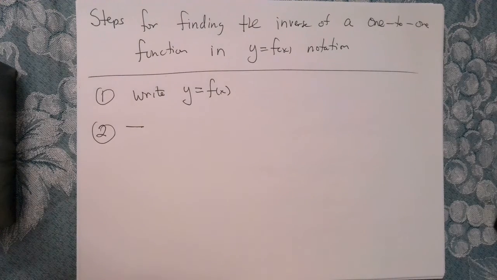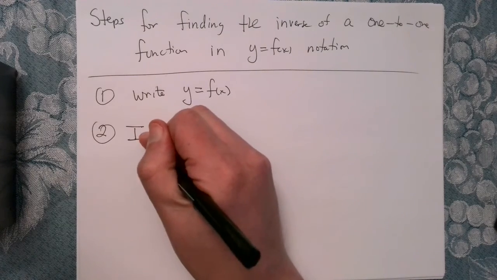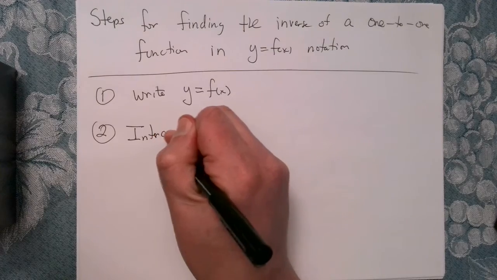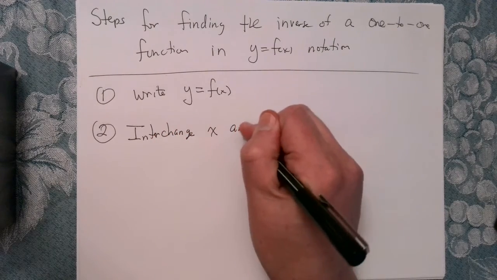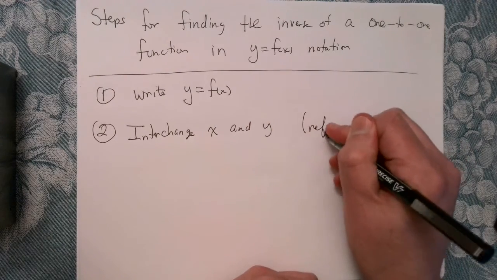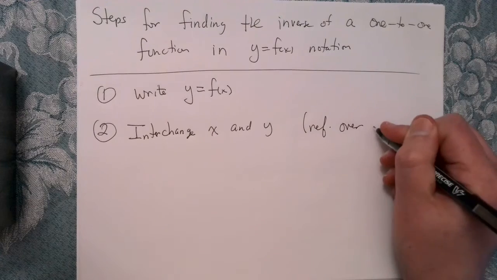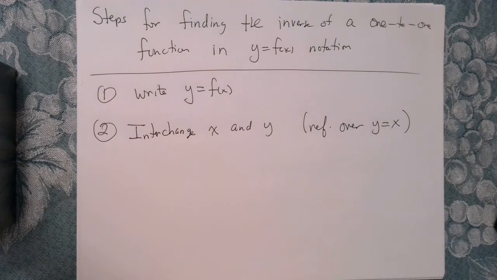Well, remember a function and its inverse are reflections over y equals x. What does a reflection over y equals x do? It interchanges the x and the y value. So step 2 is interchange x and y. Why? Because of the reflection over y equals x that occurs with inverses.